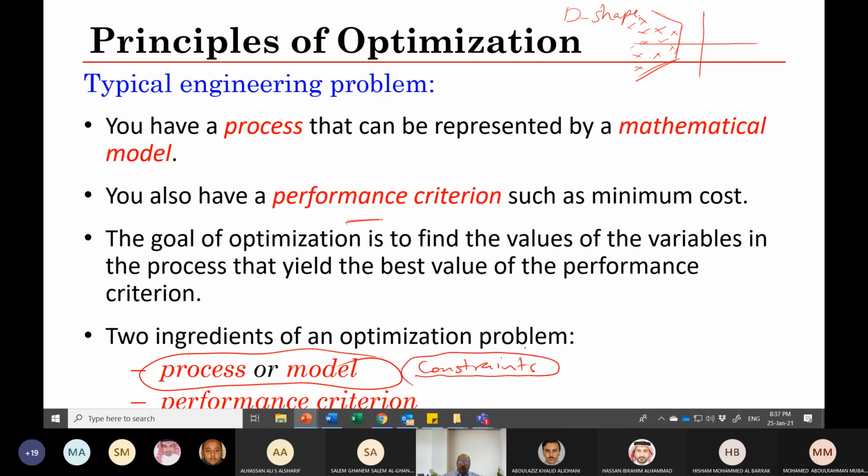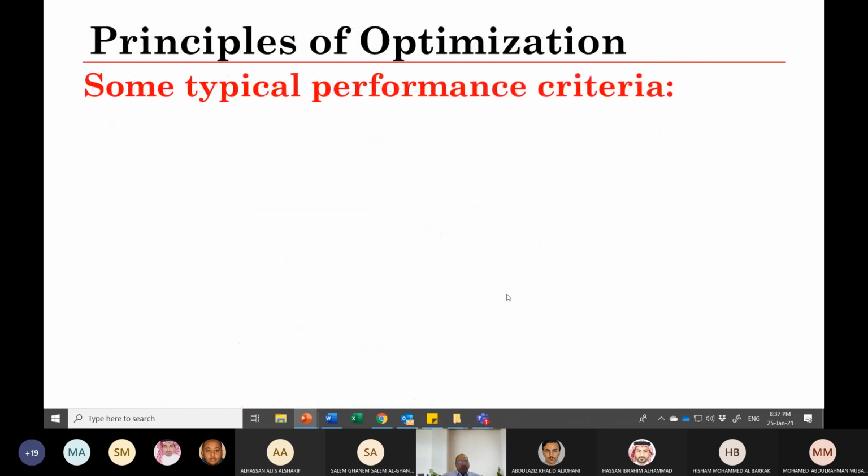So what are the optimal variables that satisfy the constraints, no violation, and at the same time minimize or maximize the performance index? Okay, so this is the typical engineering or typical optimization problem.